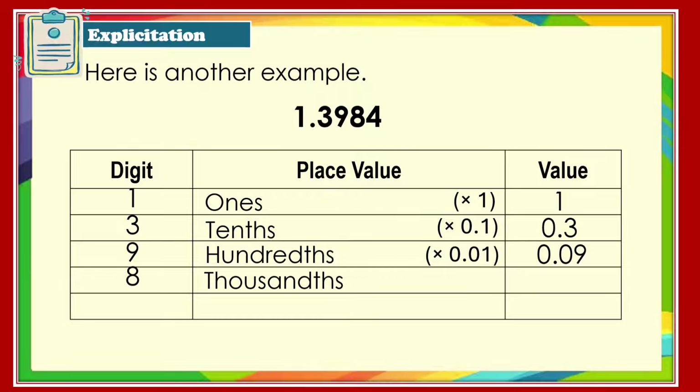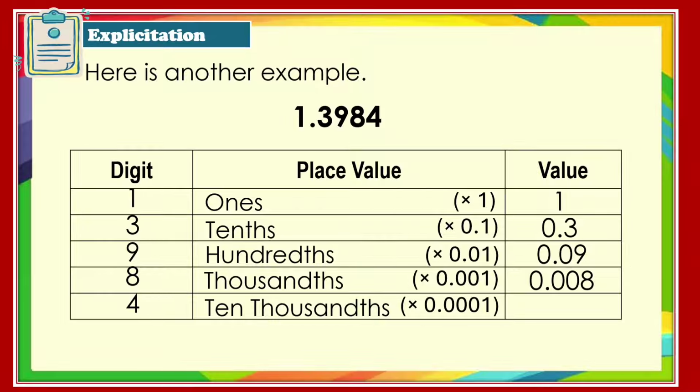And if you multiply 8 by thousandths, you'll get the value of 8 thousandths. And the last digit, which is 4, is in what place value? 10 thousandths place. And if you multiply 4 by the place value 10 thousandths, that is 4 10 thousandths.